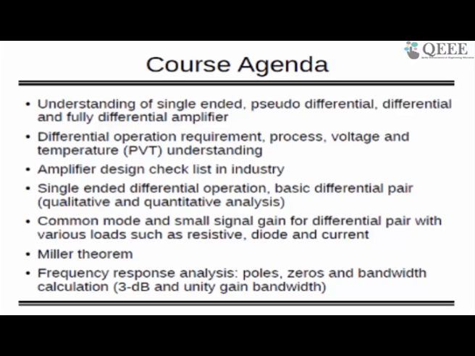Other than that, there is some requirement in the industry that when they are making some circuit, that circuit has to be process, voltage and temperature independent. Process means your BJT or whatever transistor you are using, their manufacturing should not vary the performance of that particular transistor or the differential operation.